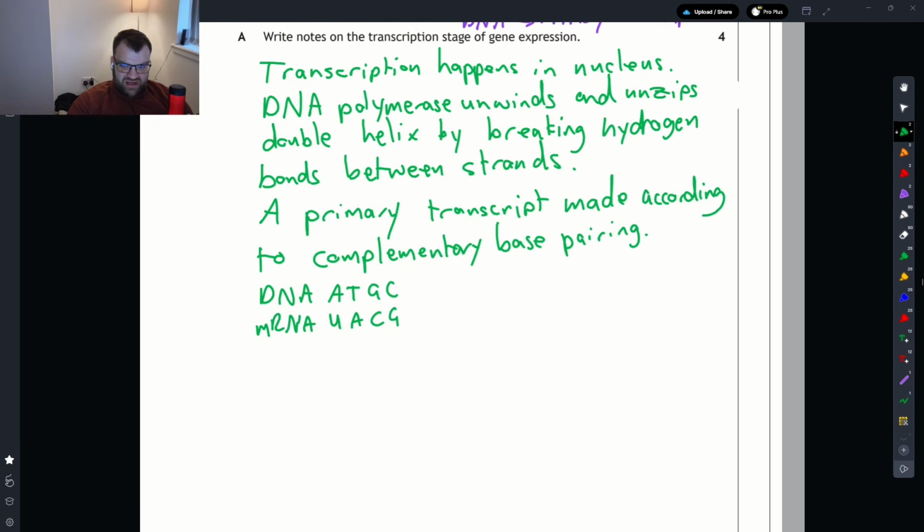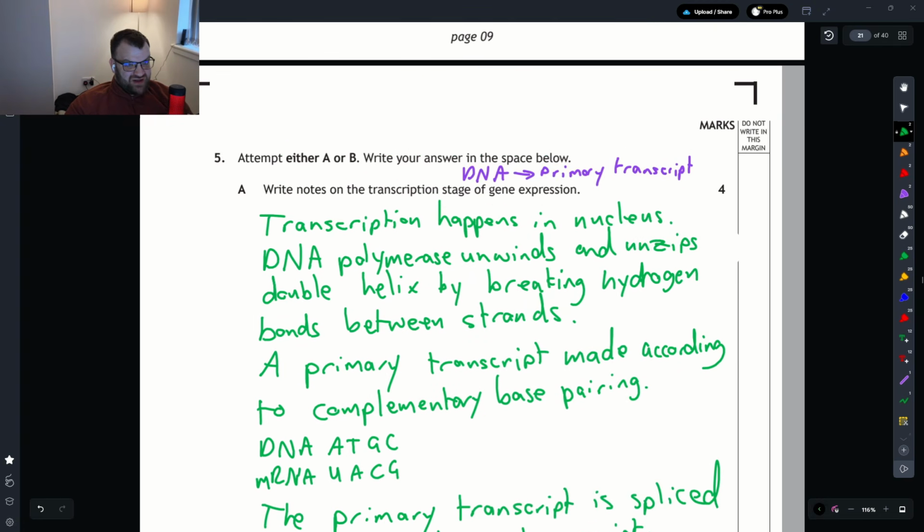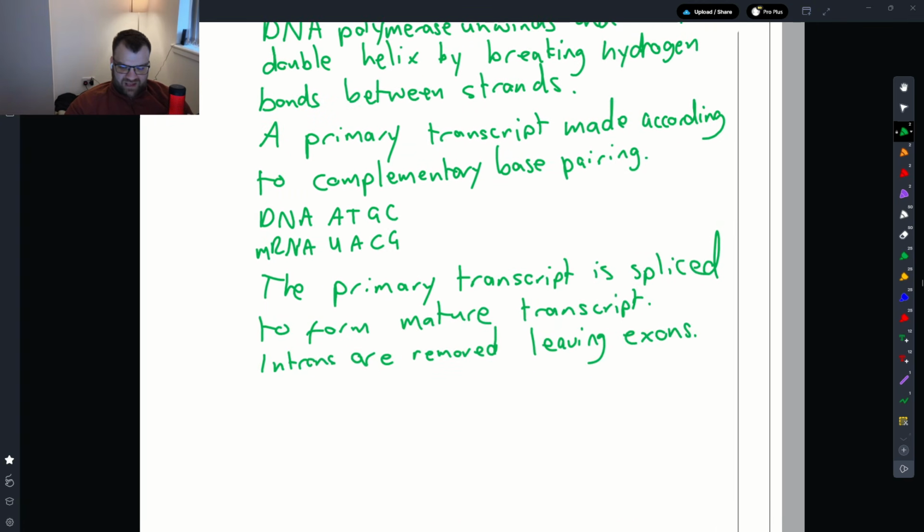Talked about where it happens, what it does, how it works, complementing, all that kind of stuff as well. Now, could we still feed in some bits about what happens next, which is RNA splicing, where the primary transcript is spliced to form the mature transcript? Whether that counts as its own stage rather than transcription, I'm not too sure, but that's hopefully enough for 4.